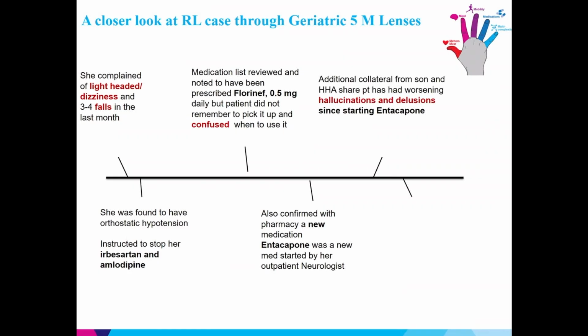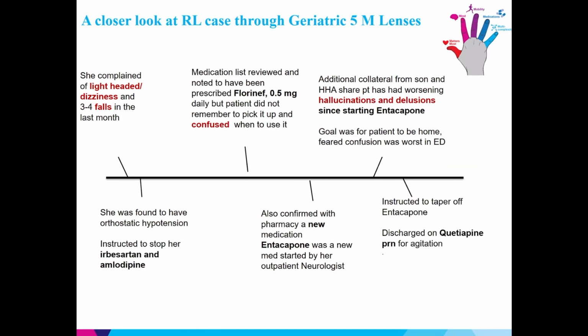We get additional collateral from her son and her aides who report that over the past few weeks, the patient has also had increasing hallucinations and delusions since starting entacapone. The son also shares that he worries that her confusion is getting worse in the ED and her goals are ultimately to return home.